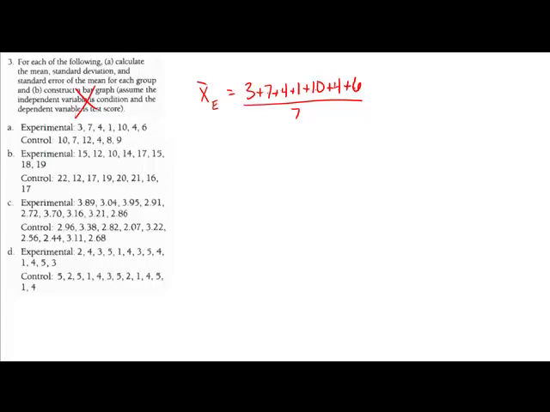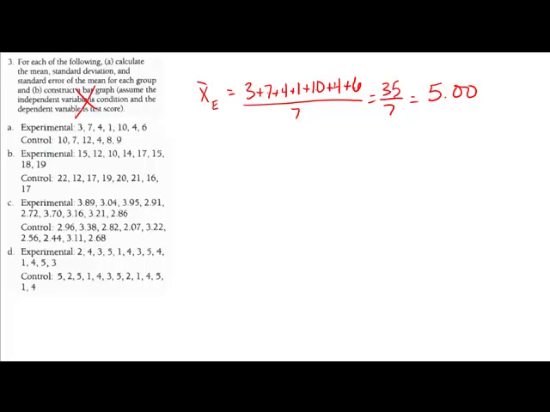Here we go. 3 plus 7 plus 4 plus 1 plus 10 plus 4 plus 6 equals an error. I'm really bad at typing today. Let's try that again. I have 35 divided by 7. My mean is going to be 5.00.